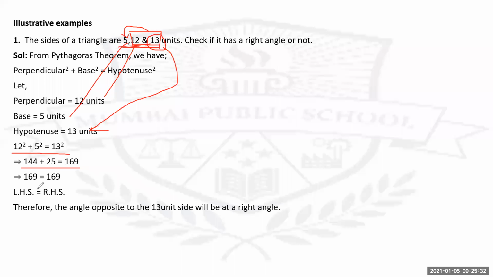Therefore, LHS equals to RHS. Therefore, the angle opposite to the 13 unit side will be a right angle. This is the converse of the Pythagoras theorem. Is this clear to all the students? This kind of questions will come in your examinations.